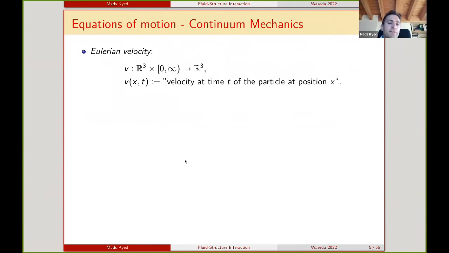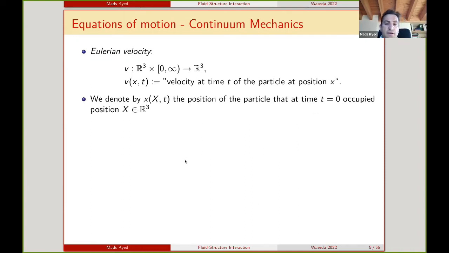We need the Eulerian velocity in our continuum. The Eulerian velocity, I shall denote it by small v, is the velocity at time t of the particle at the position x. Okay, we denote by small x of capital X of t.